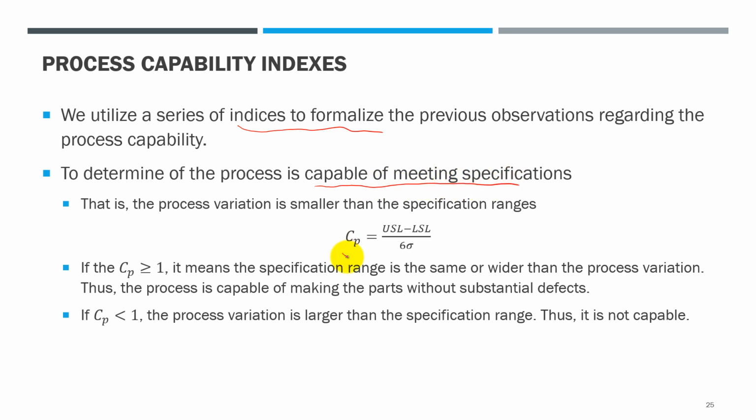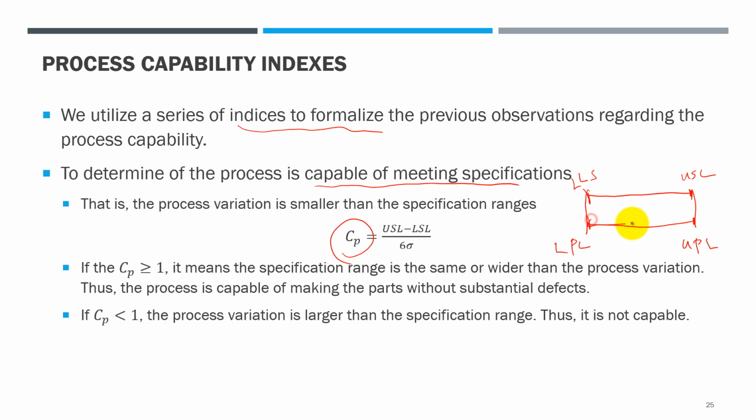So let's begin with CP. CP is measuring whether the spec limits, from lower spec to upper spec limit, overlap with your process perfectly or not. If these two, this is the process limit, this is the other process limit, this is upper, lower, right?